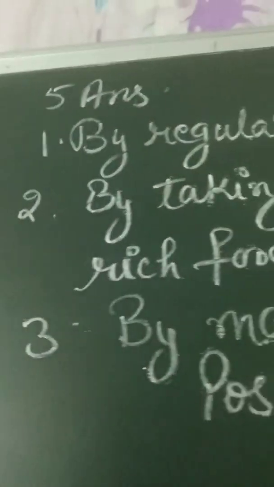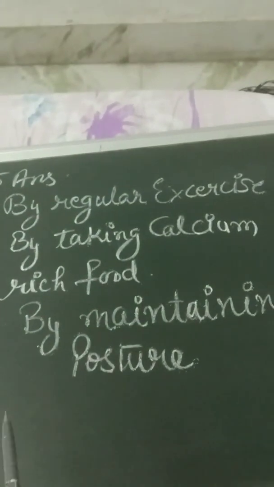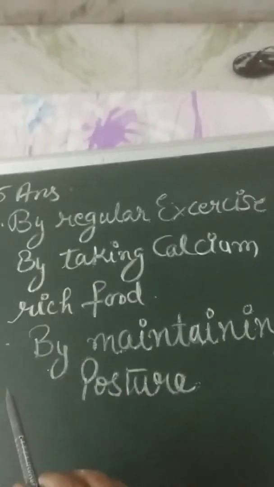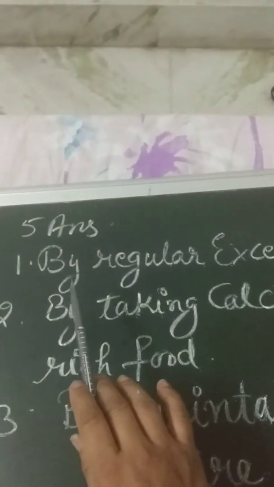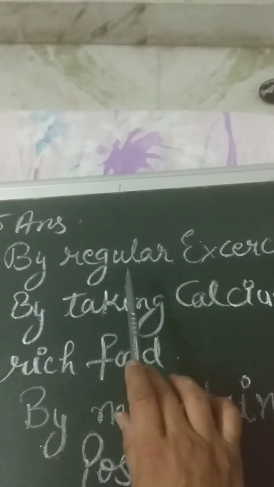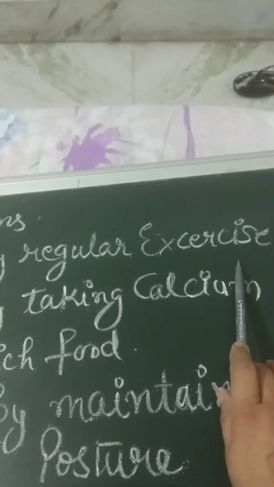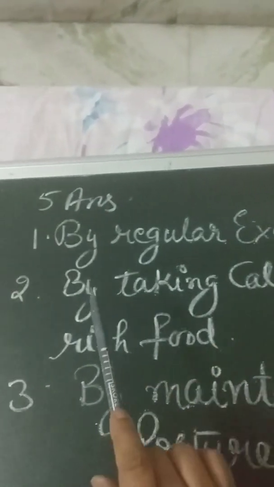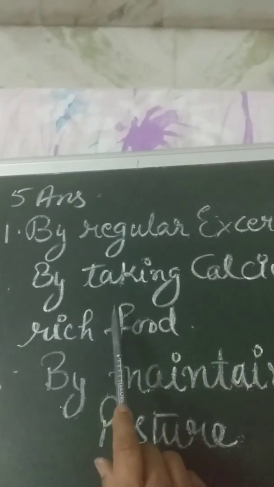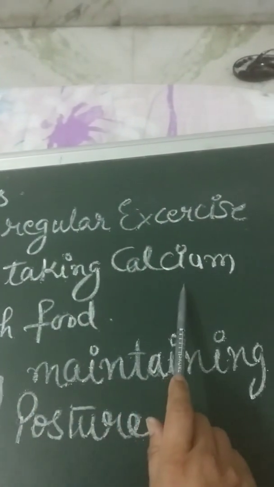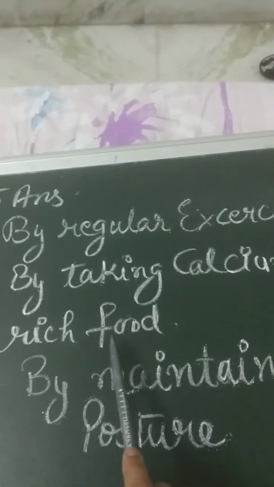Fifth question. How can we keep our bones healthy and strong? Answer. First point, by regular exercise. Second point, by taking calcium rich food.